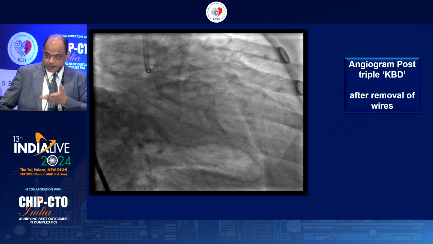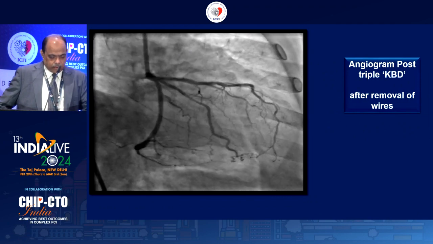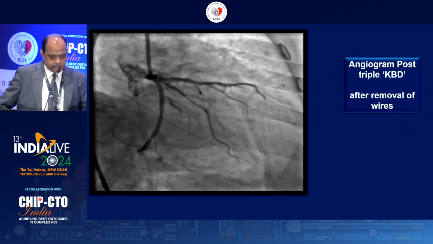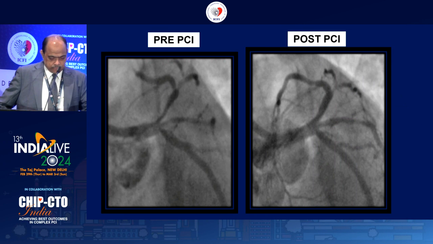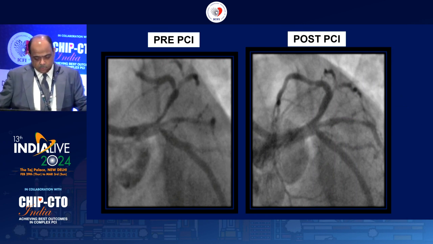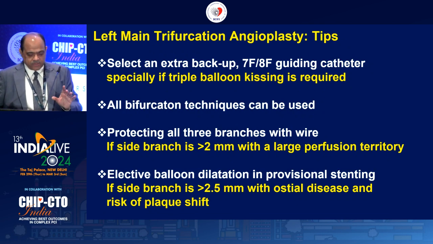Yeah, it's finished, don't worry. So this is what you obtain. All three stents have been done. This is the pre and this is the post. Minor things: obviously you require a bigger guiding catheter if you want to put three stents.